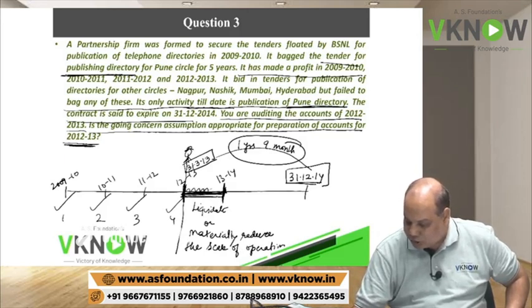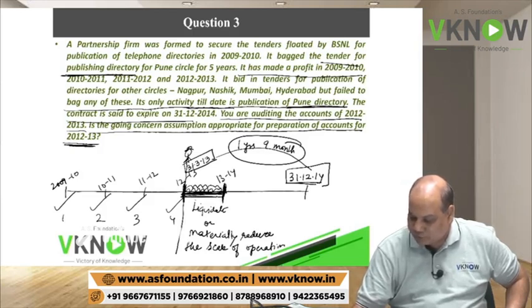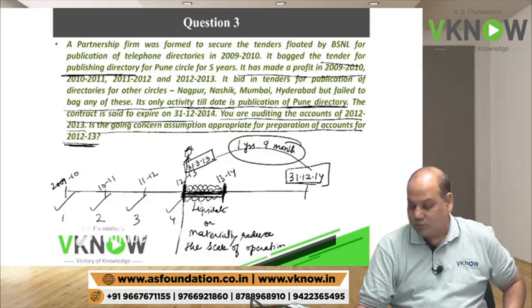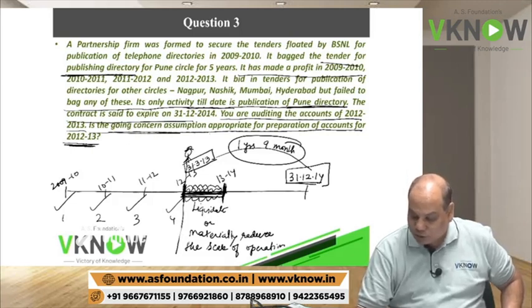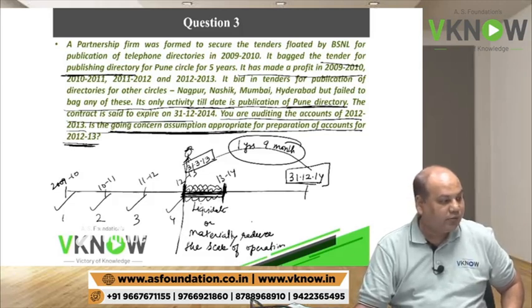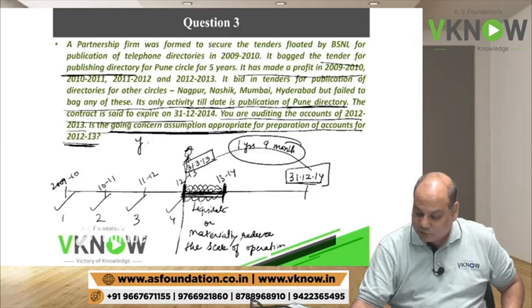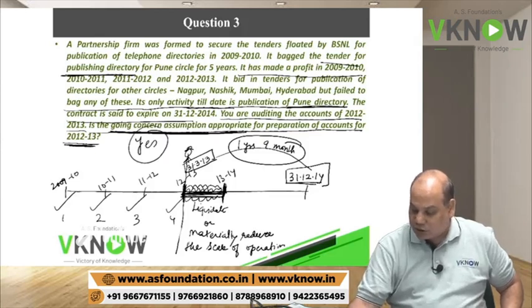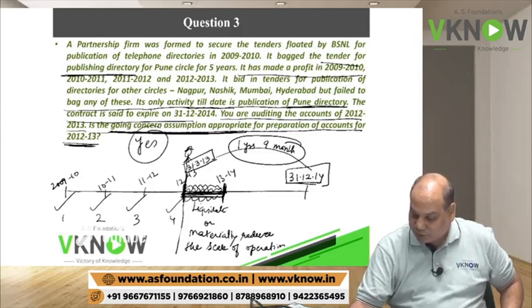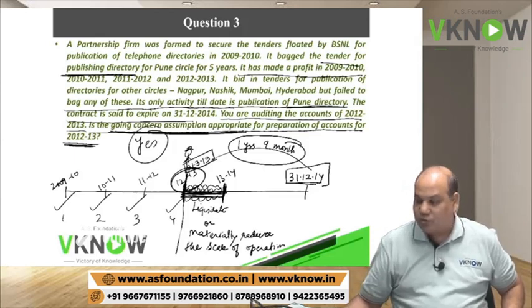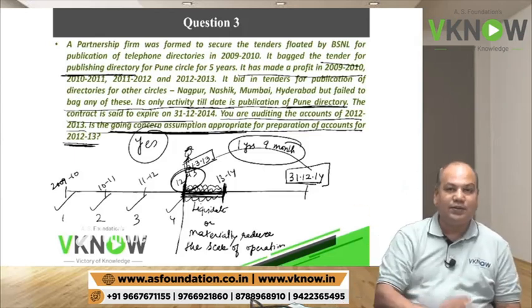There is no requirement by law or business constraint to reduce or close down in the next 12 months. So the question is whether the going concern assumption is appropriate. Yes, the answer is yes. The going concern assumption is appropriate as far as 31st March 2013 is concerned.